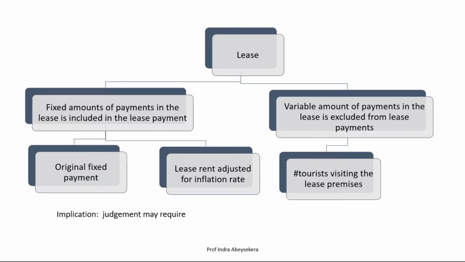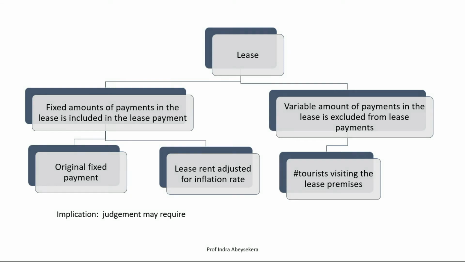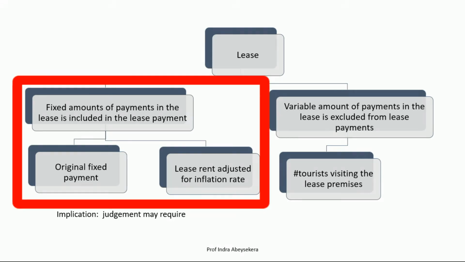In a leasing arrangement, the variable amount of the lease payment is excluded from the lease payment calculations, whereas the fixed lease payments are included in the lease payment calculation.